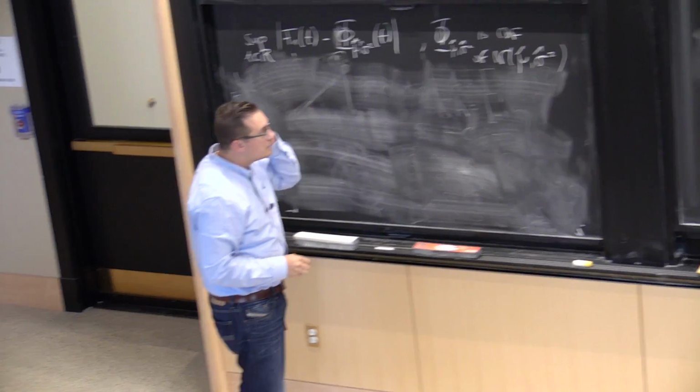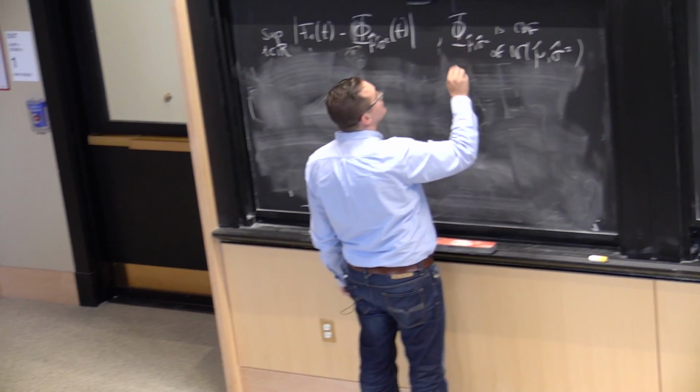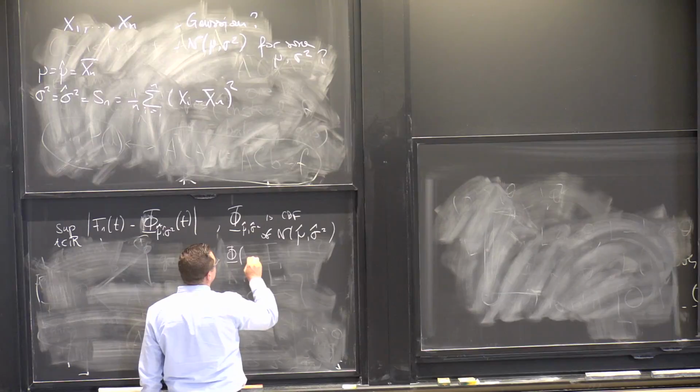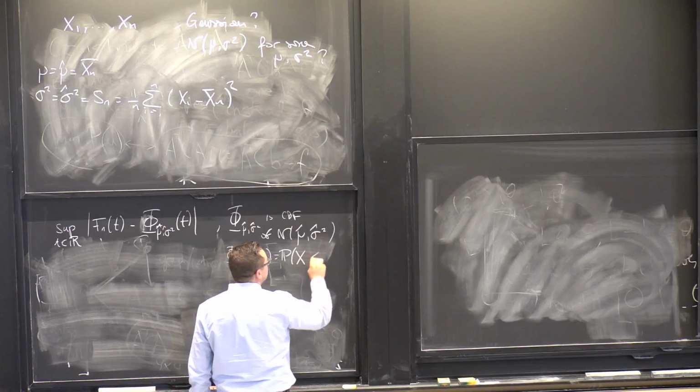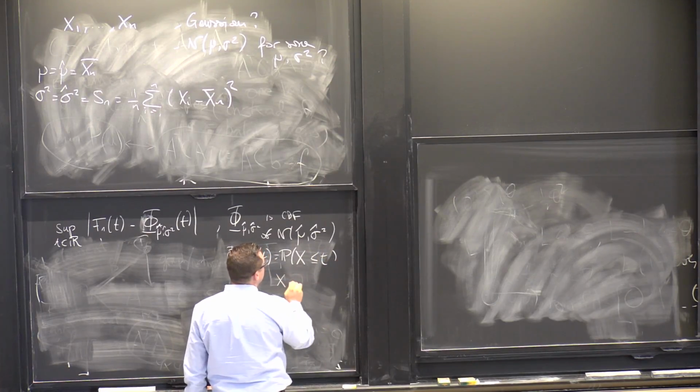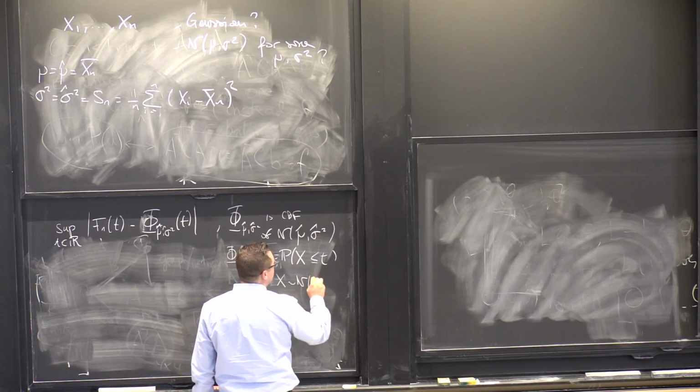And so in particular, this thing here, phi mu hat sigma hat squared of t, is the probability that some x is less than t, where x follows some N(mu hat, sigma hat squared).